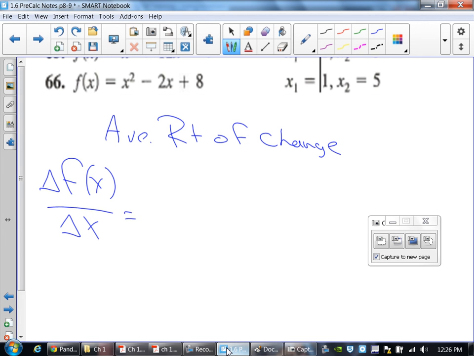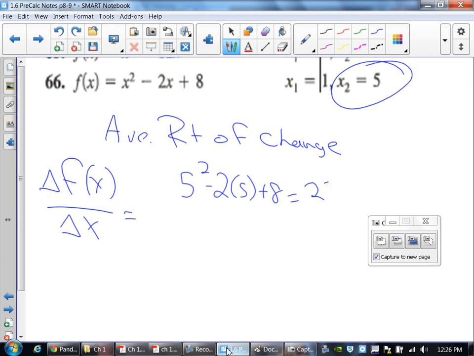I'm going to take 5 and substitute into here. So we have 5 squared minus 2 times 5 plus 8. What's 5 squared? It's 25. Very good. And it's 25 minus 10, what's 15 plus 8? 23.